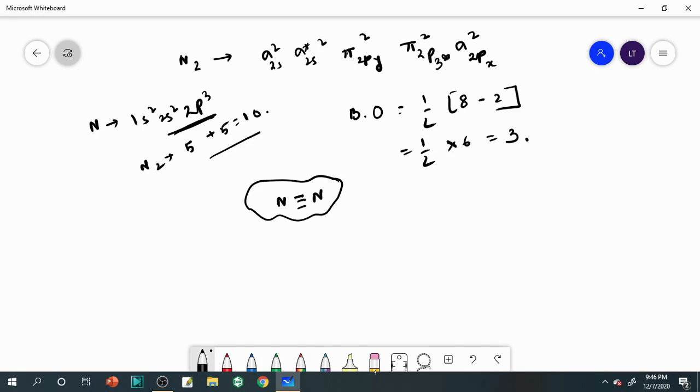The next molecule is a very interesting molecule, and also the most important for our exam, since this is something of an exception. Next our target is to discuss the oxygen molecule, O2.